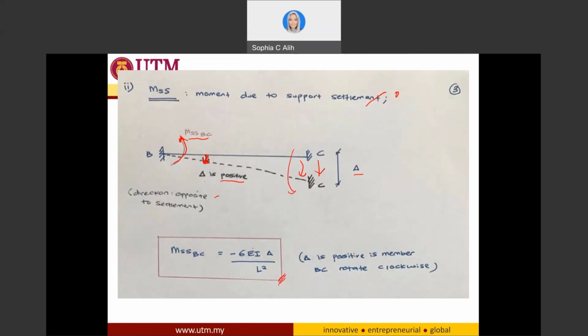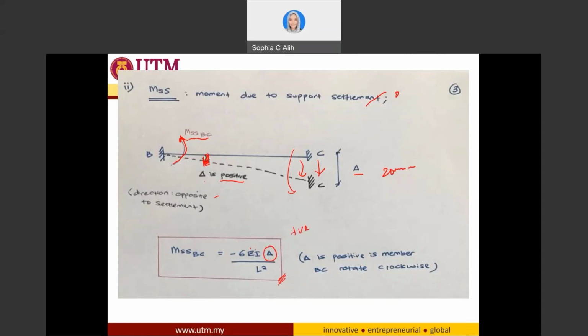EI depends on the material properties of your structure, and delta is how much settlement happens for that particular support. Normally it is going to be given like, support C settles 20 millimeters downward, for example. If the settlement is positive, a clockwise direction, you can take the delta value to be positive.